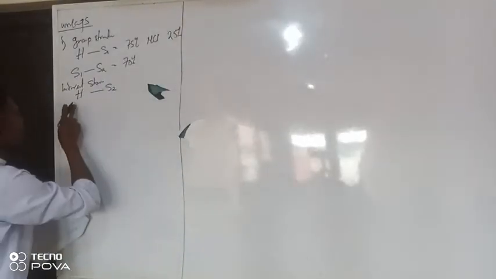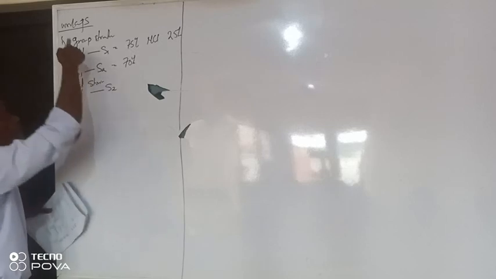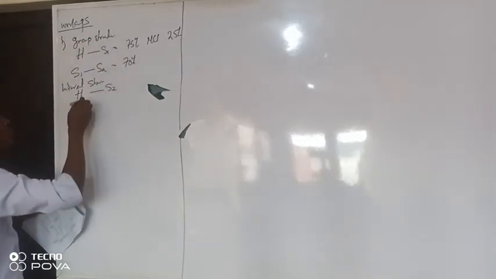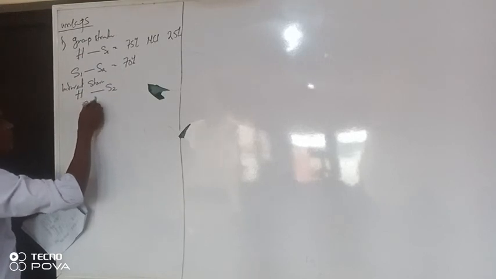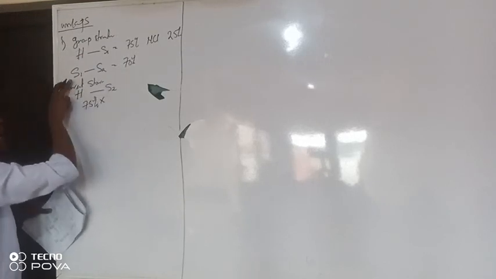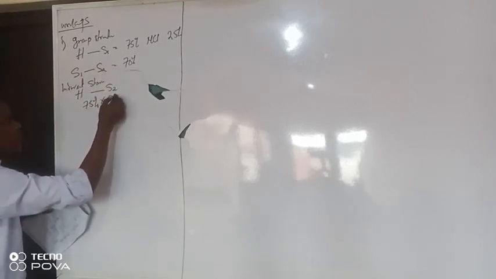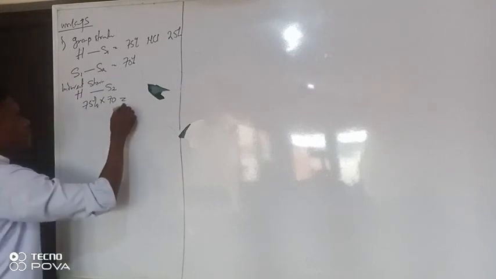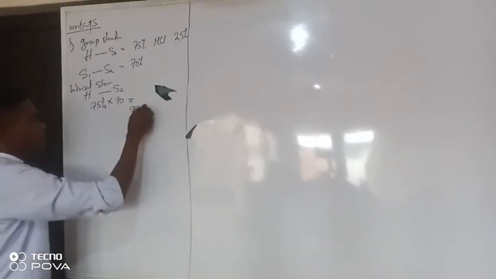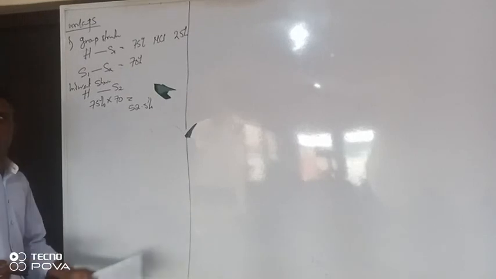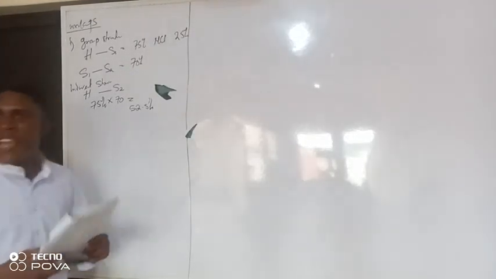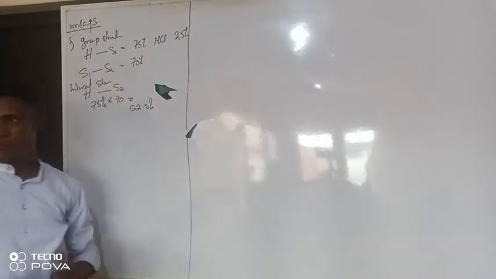Now, H in S2. How much does H have in S1? 75%. You now say 75% multiplied by how much S1 has in S2, 70%. 75% times 70%, what do we have? 52.5%. This is the control that the parent will use to consolidate S2.